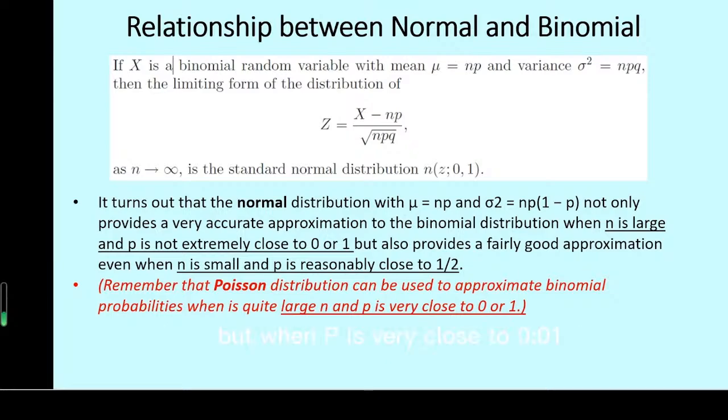But when p is very close to 0 or 1, in this case, we can use Poisson distribution. So Poisson distribution measures occurrences that are not very often, not frequently occurring events. This is Poisson distribution. So we just make some extra notes with red color here.